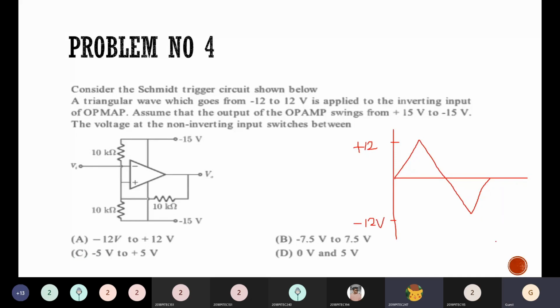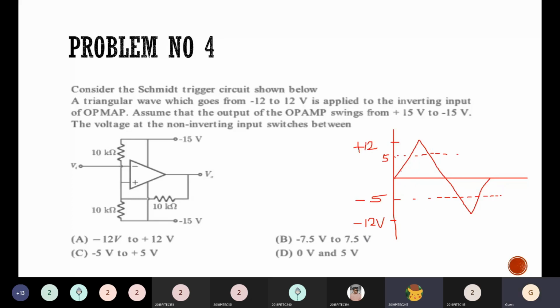So this is input, and now we have found the reference voltage to be plus or minus 5, is it not? Let me take this as 5 volts, and somewhere here as minus 5 volts. This is plus 5 and this is minus 5 volts. So how will you draw the output waveform for this?